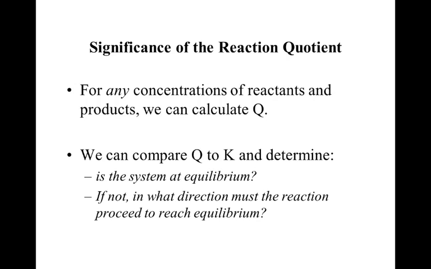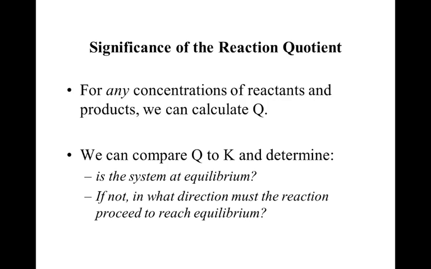I'm going to talk you through a very important type of problem. A, you take a snapshot, and then B, you compare your snapshot, your reaction quotient Qc, to what the textbook tells you your equilibrium constant is. Then you can make some judgment calls. First off, if they're equal, what does that mean?